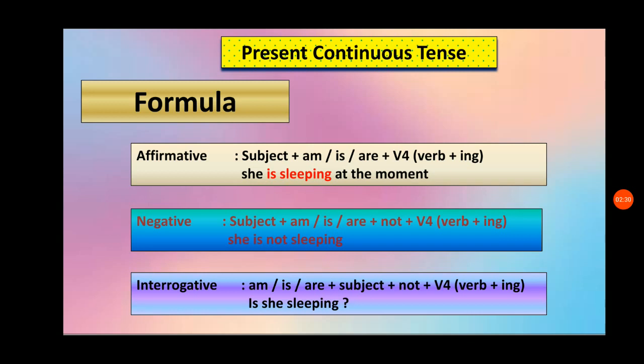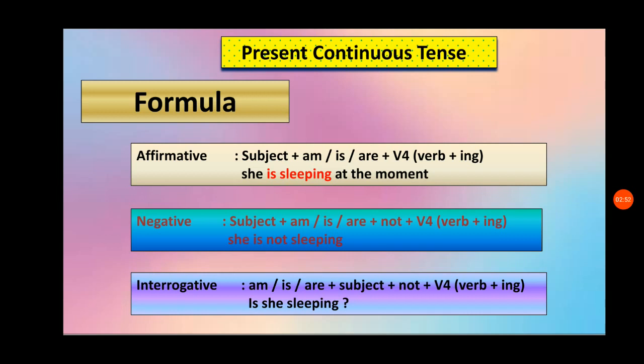And here in the present continuous tense, we should use any be verb according to the noun or the pronoun, and we should use verb ing. So what is the formation of affirmative? Subject plus be verb plus verb ing.